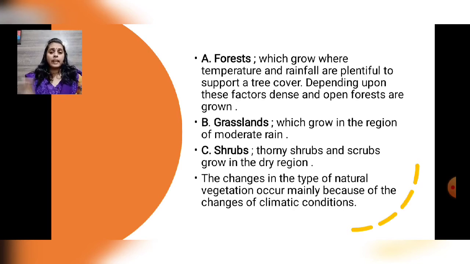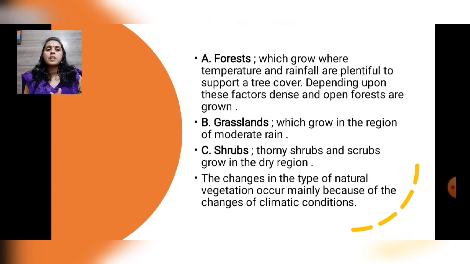Dense means very thick forest, and open means scattered trees are grown. So again, two factors are very important: temperature as well as rainfall. Where there is more rainfall, there is more forest cover, and where there is less rainfall, less forest cover.